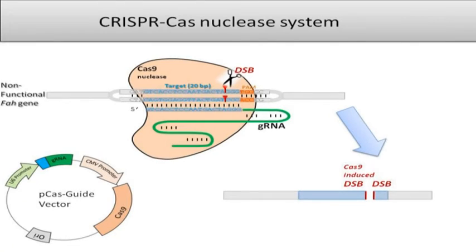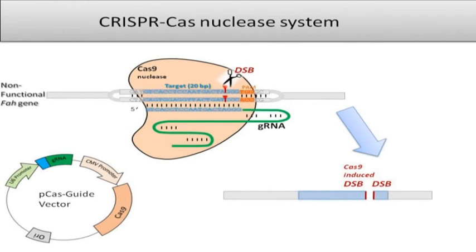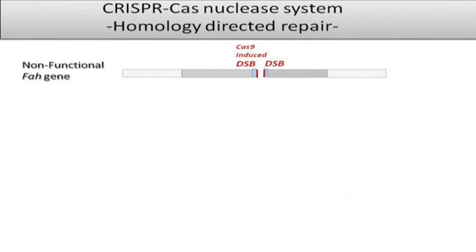I have learned the basics of molecular cloning and using bioinformatic software through creating and planning these gRNA and Cas9 expressing vectors. The Cas9-induced double-strand break can be repaired by homology-directed repair.